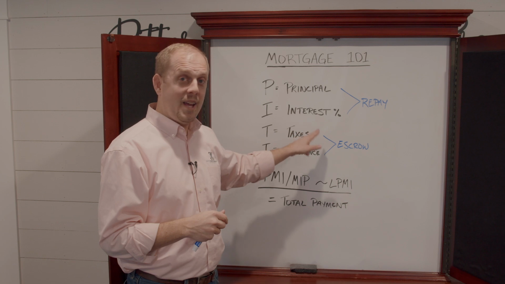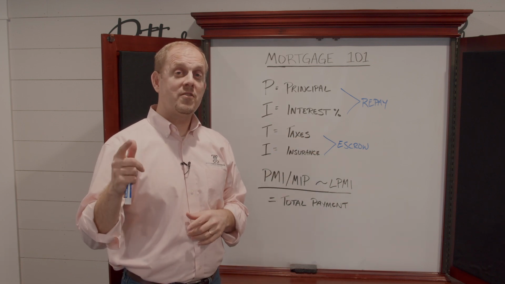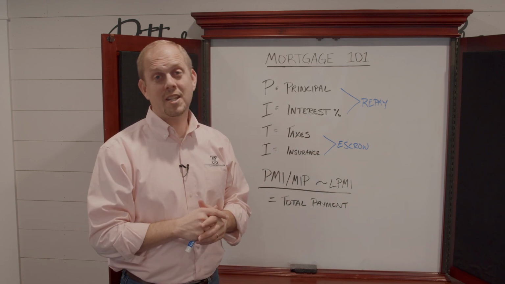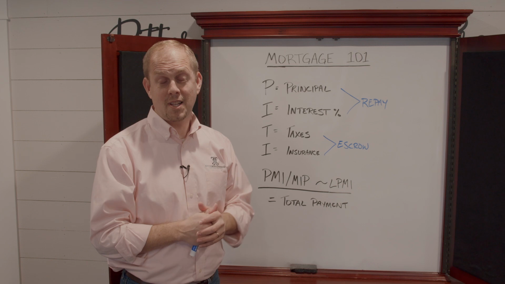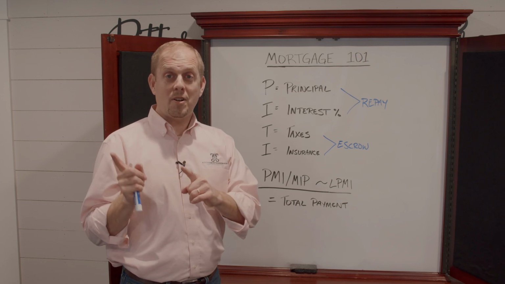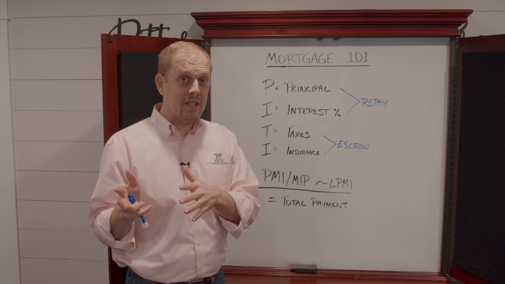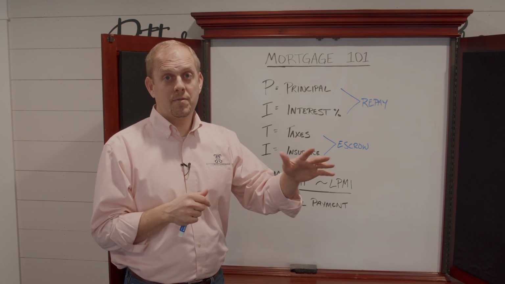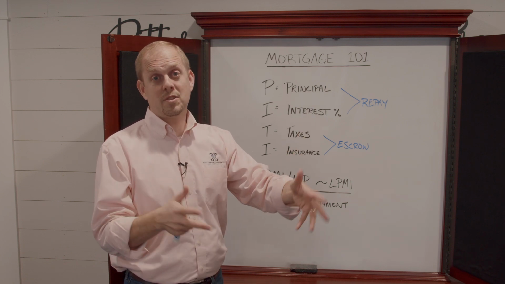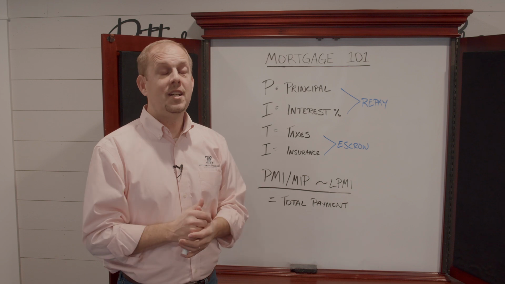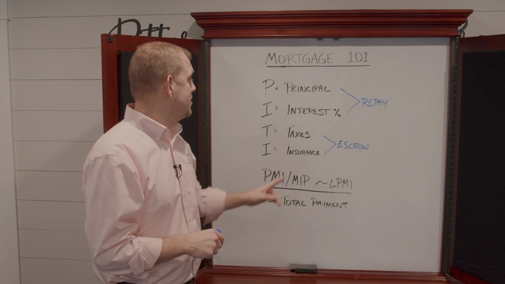If you do not pay your property taxes, then the local government can put a lien on your property and force it up for tax sale. Well, the lender also has a lien on your house, and they don't want anything to happen to their lien. By forcing it up for tax sale, someone could buy the house out from under you. So they don't want that to happen. Same thing with insurance.